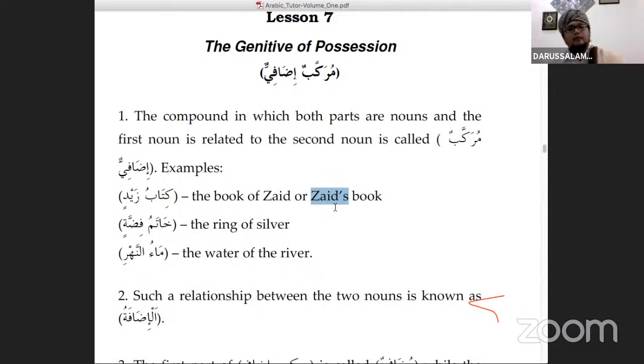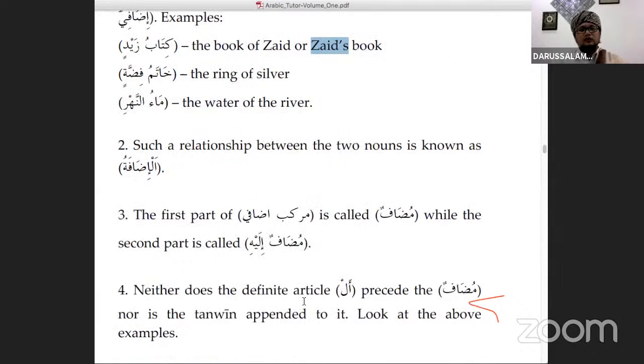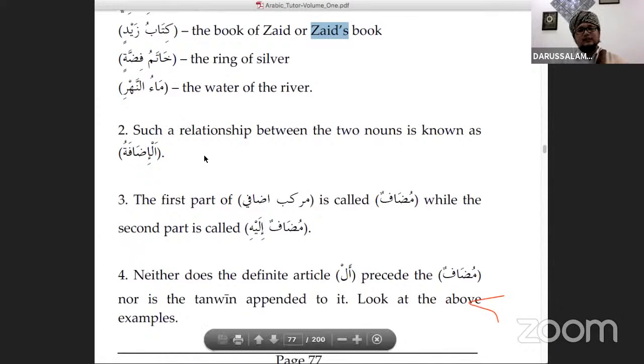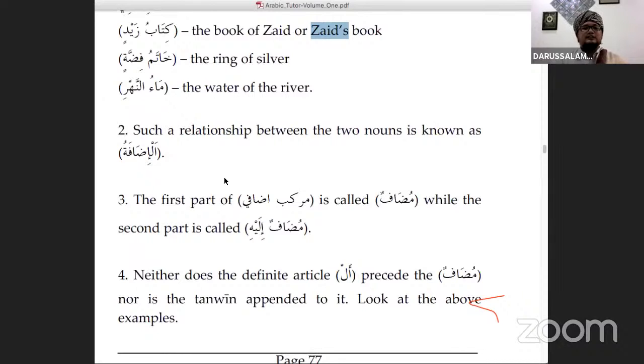So this process or this relationship is called idafah ataupun sandaran. Okay. Kita sandarkan, misalnya kita sandarkan kitab ke Zaid. Okay. Idafah, sandaran, ya. So the first part, kitab, is called the mudaf.